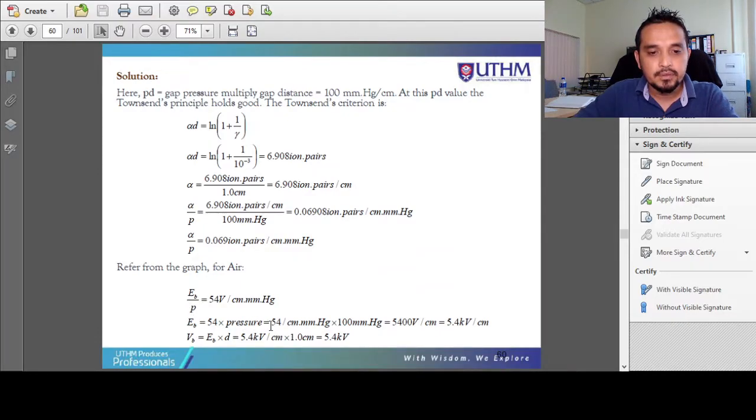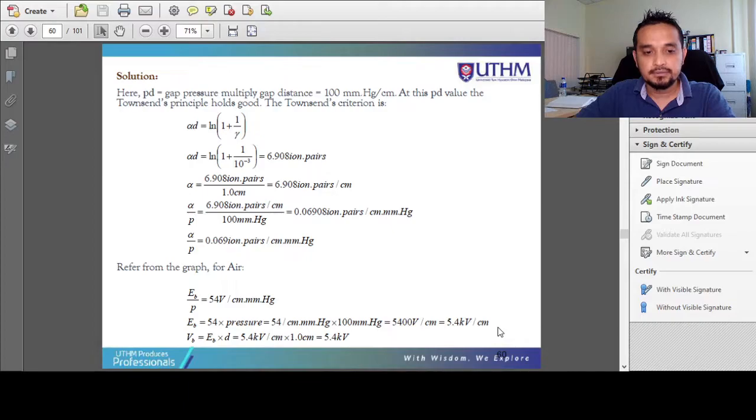From here we should be able to calculate the breakdown voltage. In this case, EB is equivalent to 54 times the pressure, and we know the pressure is 100 mmHg. So we obtain 5400 volt per centimeter, which is equivalent to 5.4 kilovolt per centimeter.